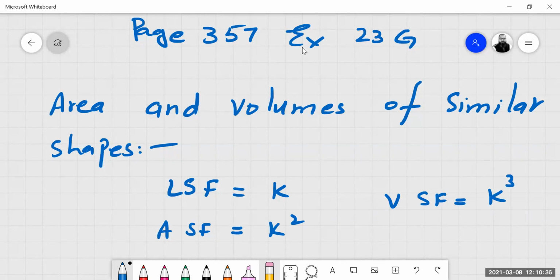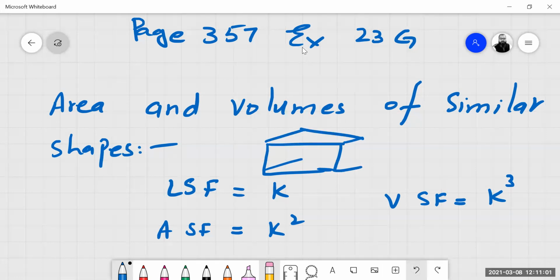Because linear scale factor is one direct value, area scale factor needs two values like length and width, and for the volume scale factor we need the box like this. So that's why we need the volume scale factor in the cube.